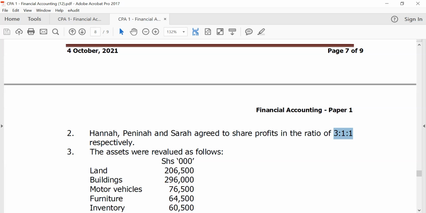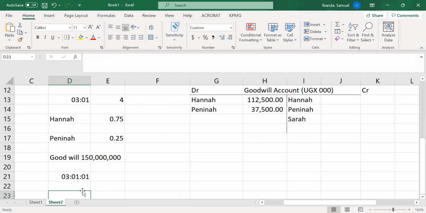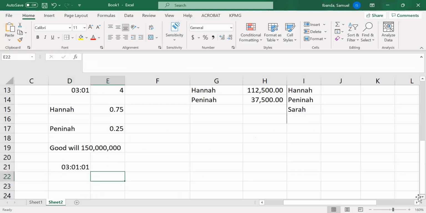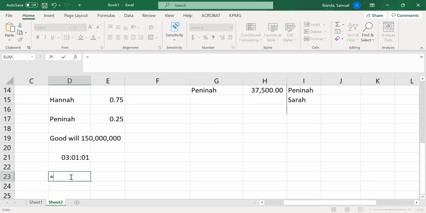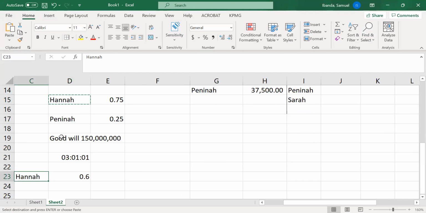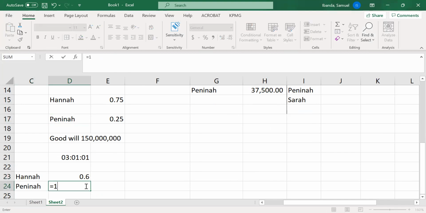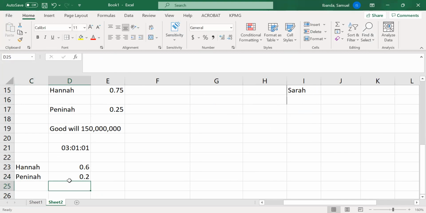So based on that, we are going to be able to share our goodwill. So this is 3 divided by, now our total ratio will now be 5. So Hannah will have that, Penina will have that. So this will be 1 out of 5.